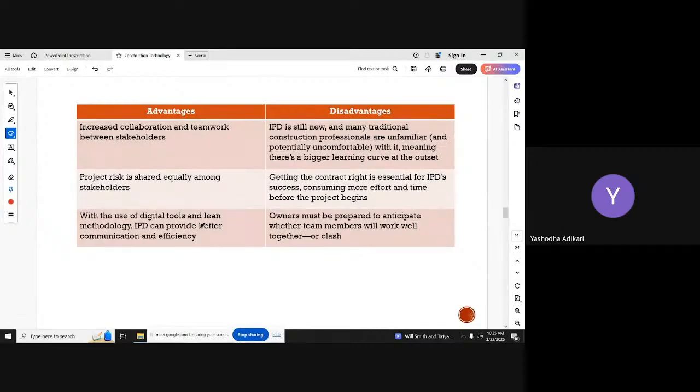Right, it is still new, and because of that people are not familiar with this one. It is also one of the disadvantages. Getting the contract right is essential for IPD's success, consuming more effort and time before the project begins. The owner must be prepared to anticipate whether the team members will work well together or clash. Right, these are some disadvantages and advantages of the IPD procurement method.